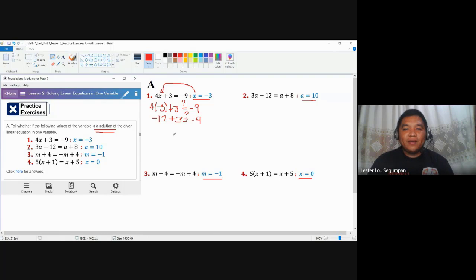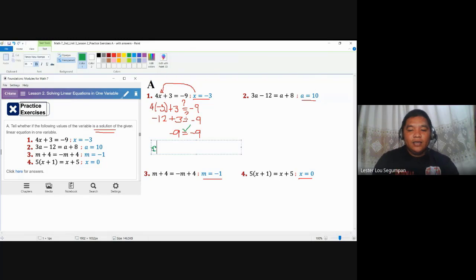So -12 plus 3 will become -9. The other side will also become -9. As you can see, both sides are now equal. You can now just put a check. And since both sides are now equal, this is the last part of determining whether it's a solution or not. We can now say that x equal to -3 is a solution of the given equation.